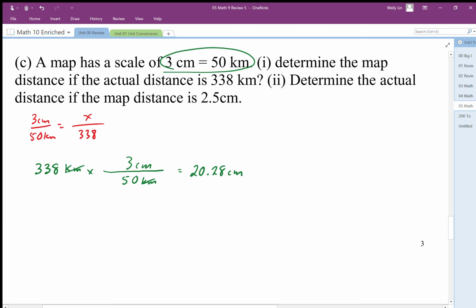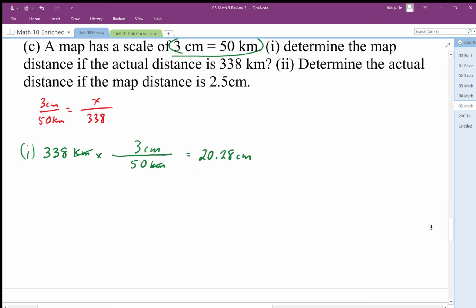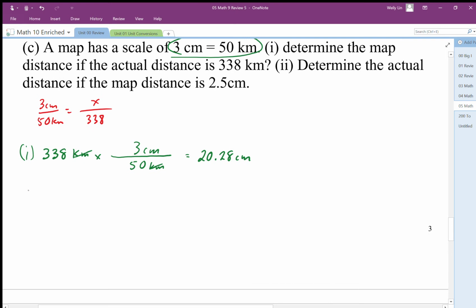Okay, so there's our map scale for that one. If I want to solve for the actual distance when I start off with a map scale of 2.5 centimeters, again, if I want to make my units cancel out, I put my centimeters on the bottom, those cancel, and that's going to give me an answer in kilometers. So if I do 2.5 times 50 divided by 3, I end up with 41.6 repeating.